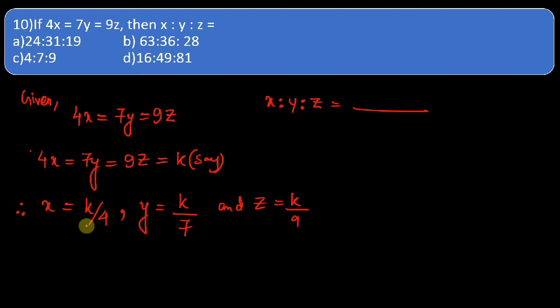Now as you can see, the respective values of x, y, z are in fraction form. So we have to convert these fractions into numbers. For that we have to multiply the given fractions with their LCM.